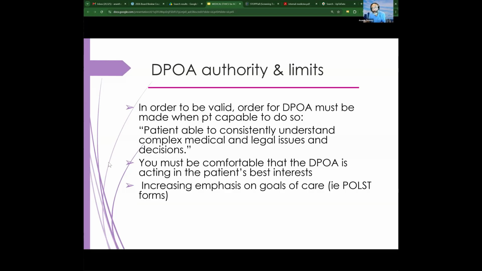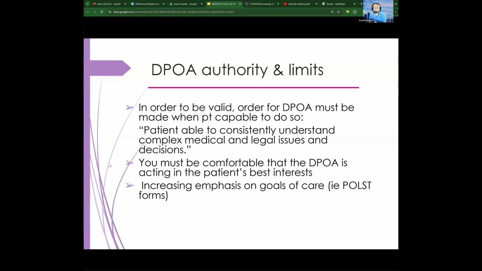You also have to be comfortable that the power of attorney is acting in the patient's best interests. Generally speaking, this is not ever going to be an issue, but potentially you might hear someone say, well, I wonder if the power of attorney really does understand the situation in terms of what's going on with the patient.